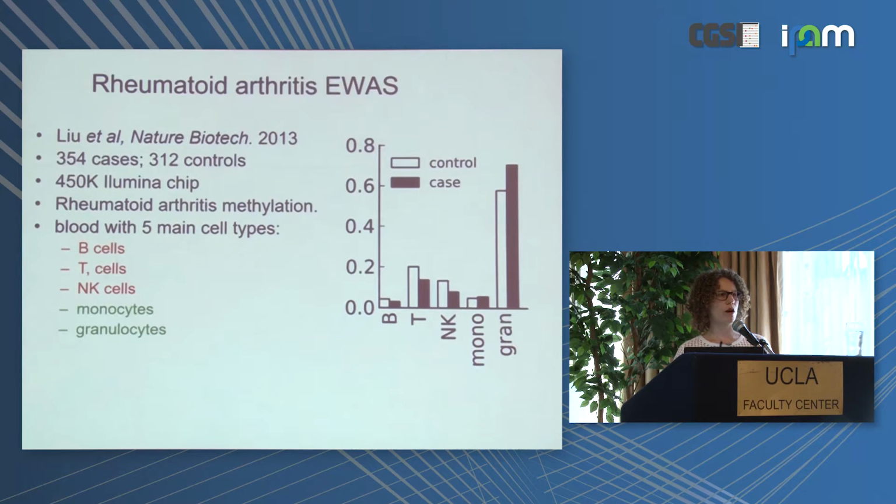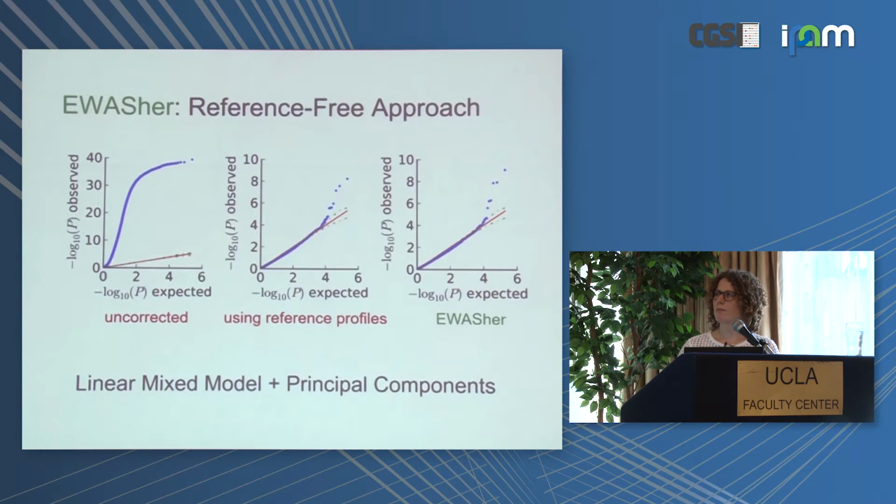So you can revise your goal and say, I want to know what's significant above and beyond cell type composition. What we did is use these ideas from our FaST-LMM work, which involved linear mixed models, and then we also added in principal components to do this in a reference-free way. Intuitively, you can imagine that these cell type populations are somehow analogous to the ethnicity subgroups, and therefore this might work.